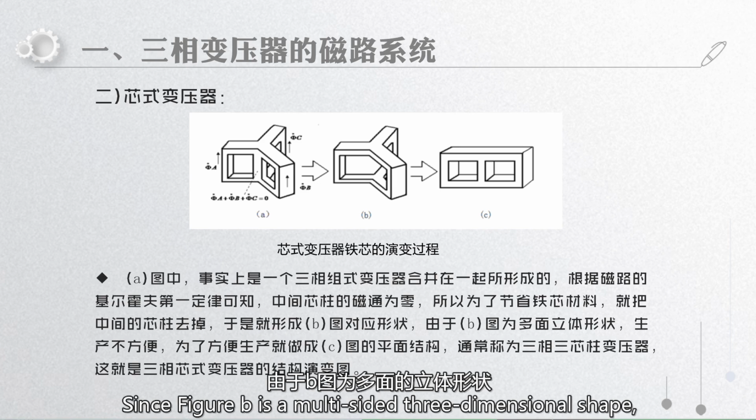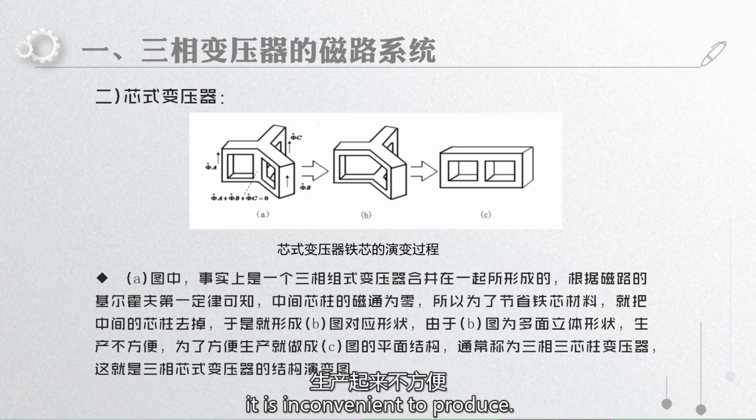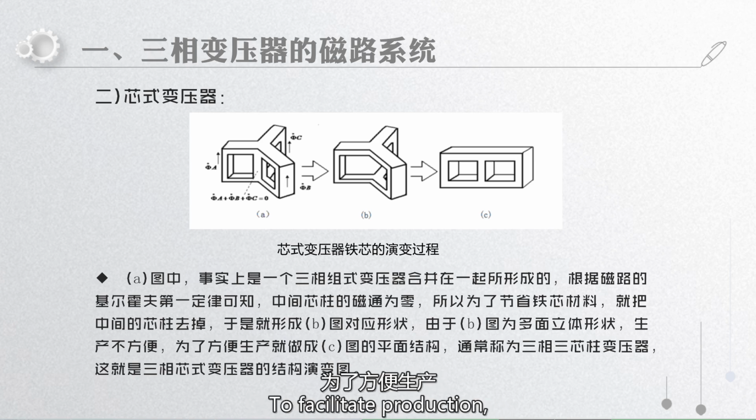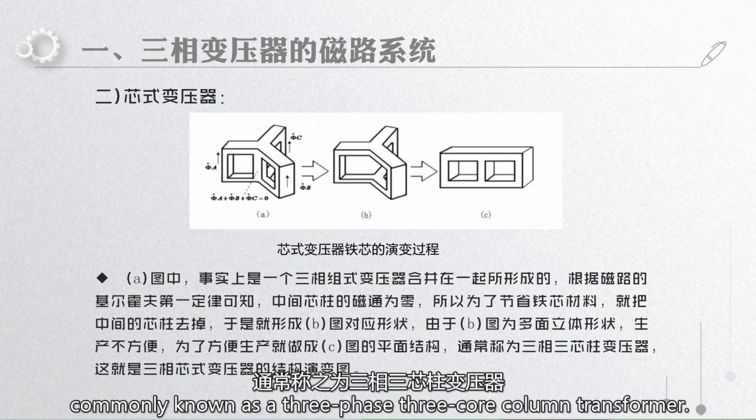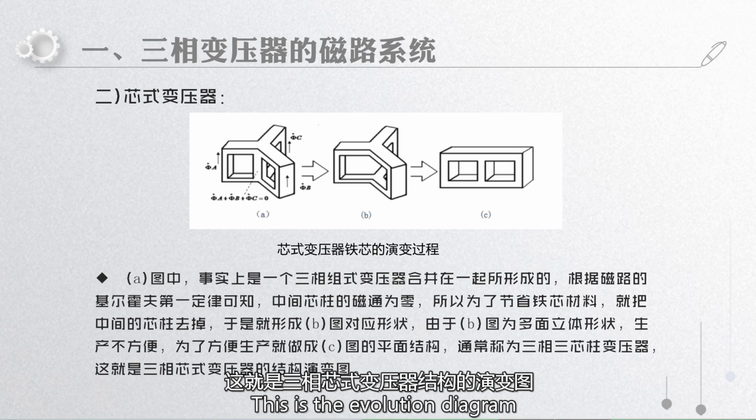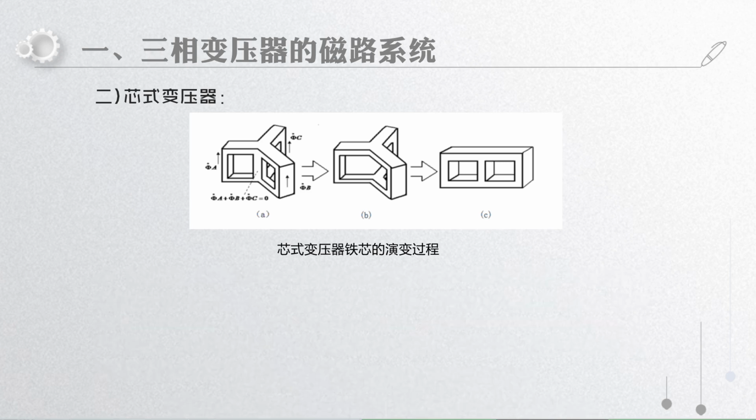Since figure B is a multi-sided three-dimensional shape, it is inconvenient to produce. To facilitate production, it is made into the flat shape of figure C, commonly known as the three-phase, three-core column transformer. This is the evolution diagram of the three-phase core transformer structure.